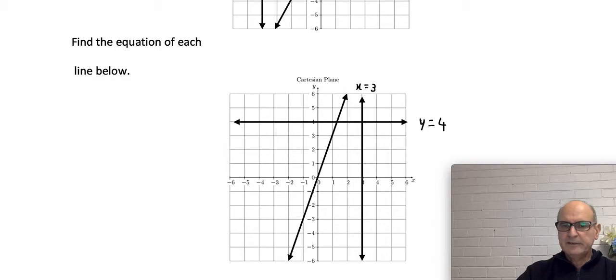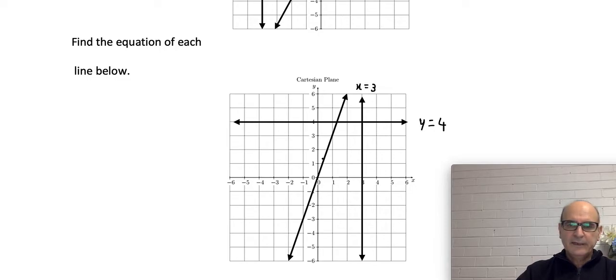In this case, that something is 3 because the x-intercept is 3. And the previous line is a horizontal line. If your line is horizontal, its equation is y equal to something. That something is the y-intercept, which is 4. So y equal to 4.